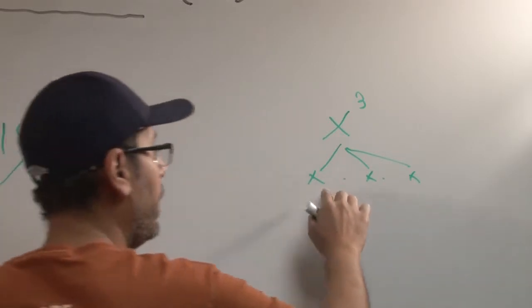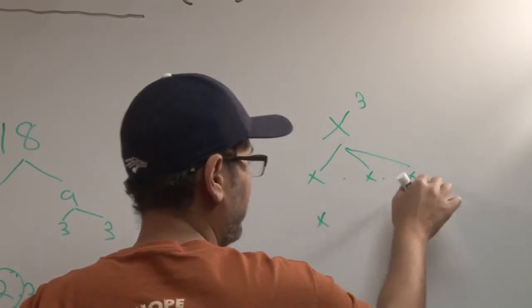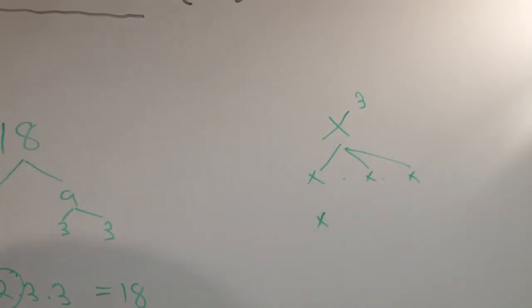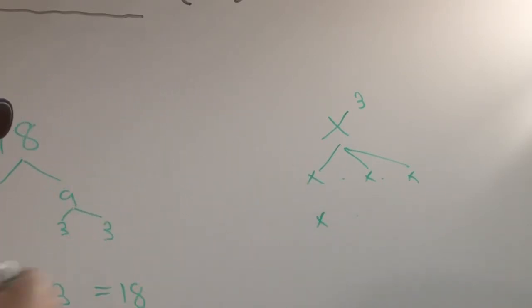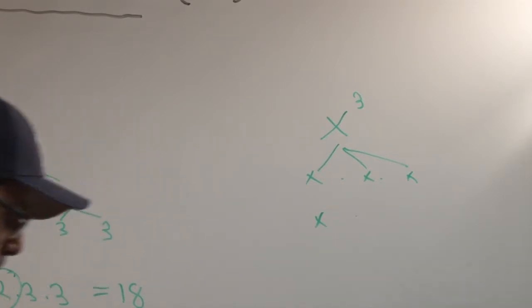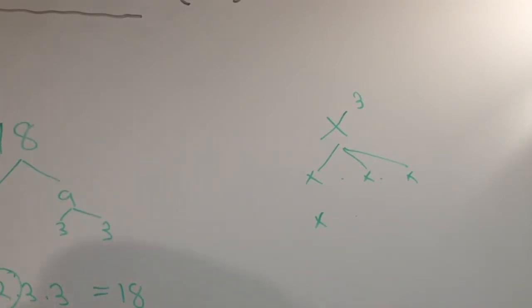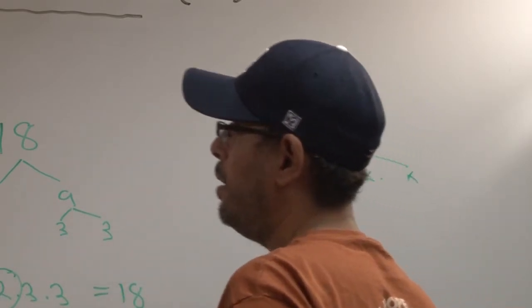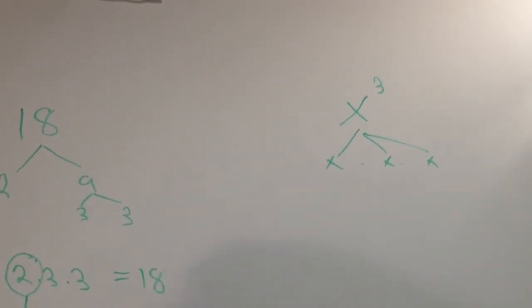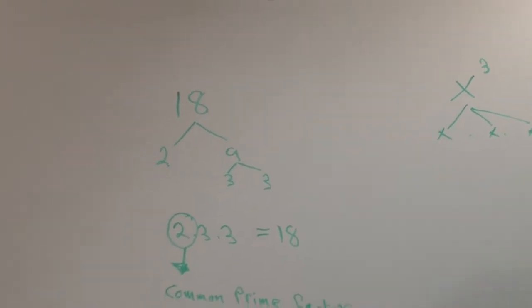If I multiply, the product of x times x times x equals x cubed. So it's factoring, and backward it's like product. This is how we call the common prime factors.